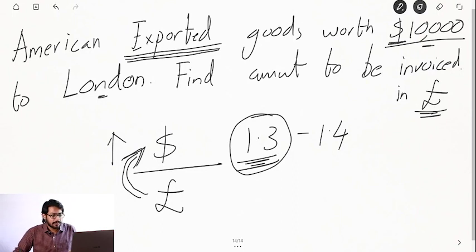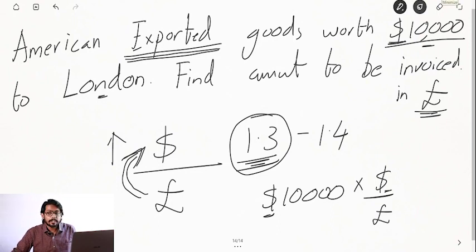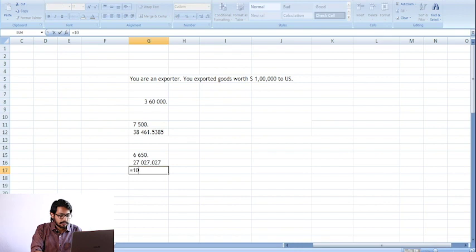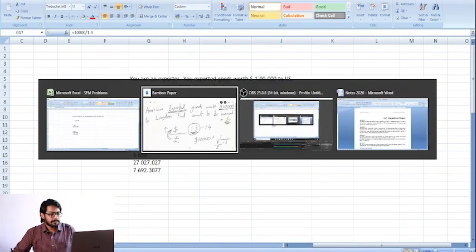Question 1. Let's convert that. Dollars 10,000, dollar by pound. Alert: can you multiply? Dollar and dollar cannot be multiplied, so you have to divide. Dollars 10,000 into 1 by 1.3. 10,000 divided by 1.3 is 7,692.31.